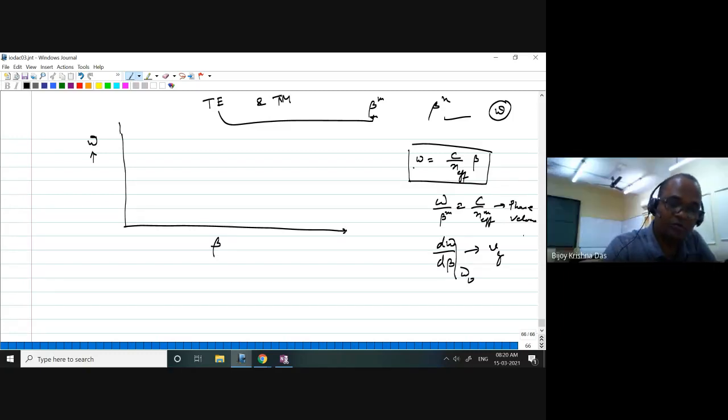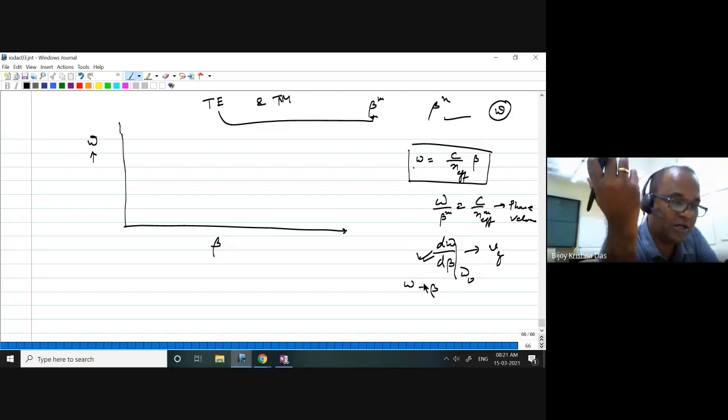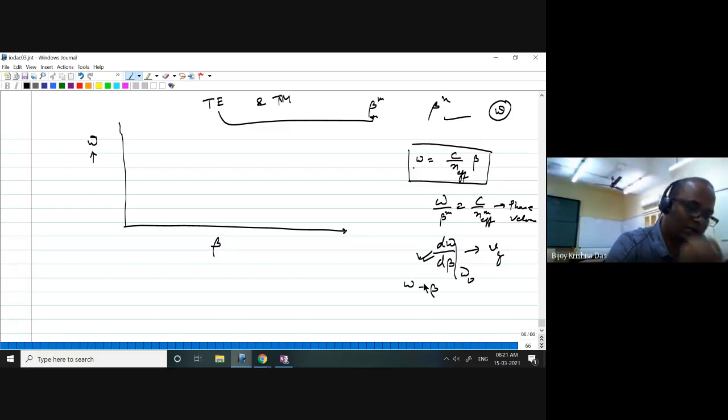Fine. Now, to find this one also, I need the omega beta relationship, how that varies, to find the group velocity, right? So if I know my B value, my N if known, and my NS known, and NC known, all are known, and D known.